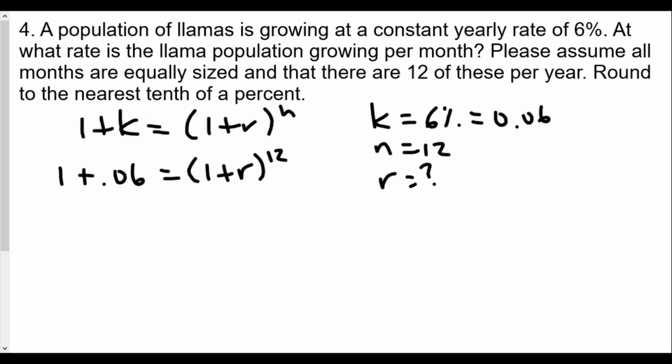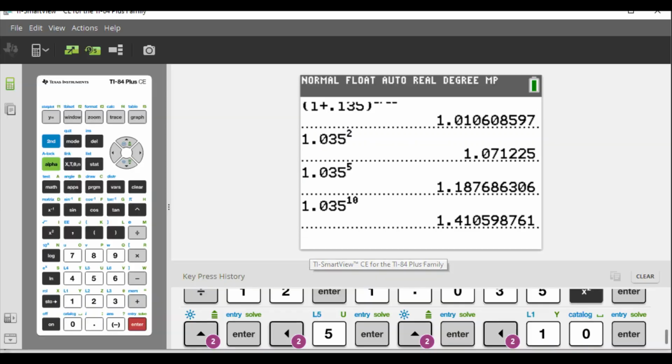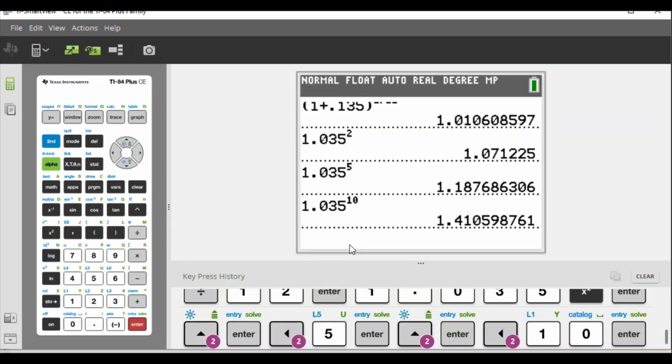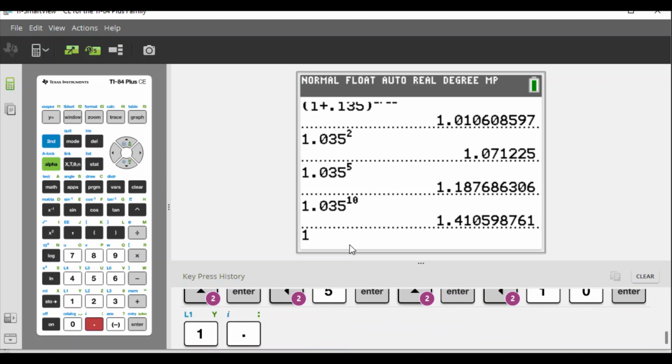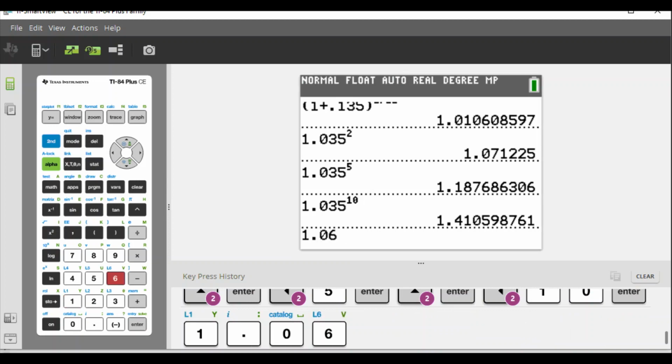We again use our method of raising both sides to the reciprocal of the exponent for the base, that being 1/12, because the reciprocal of 12 is 1 over 12. We will then use a graphing calculator, and we'll take 1.06, is that correct?